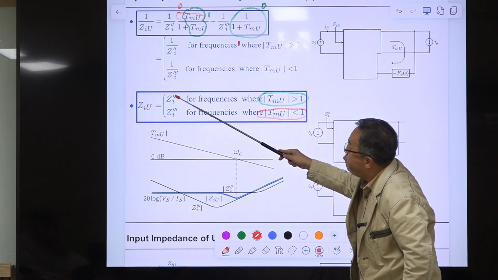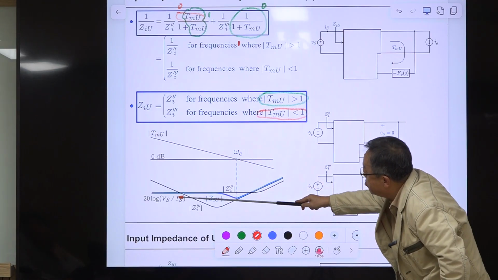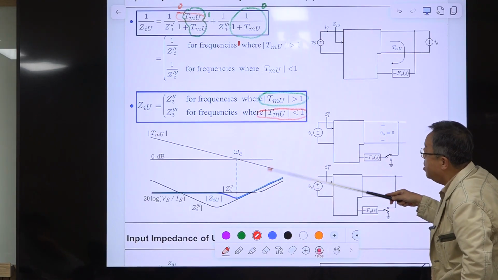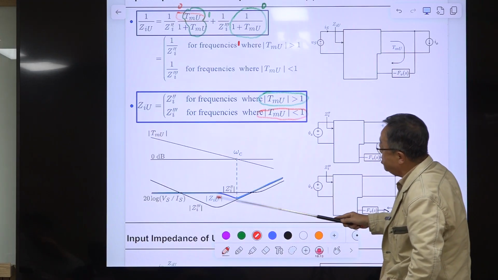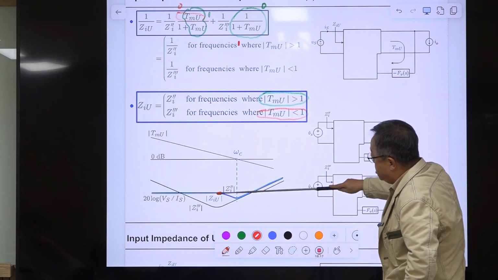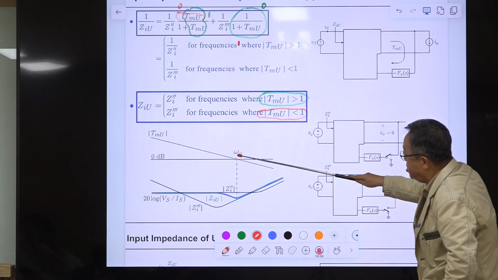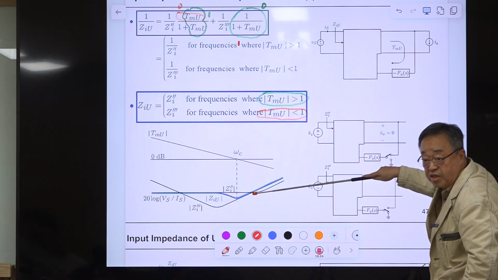You evaluate this, and this is the GI triple prime. Then this asymptotic analysis says that at low frequency, it follows this GI double prime. At high frequencies, it follows this one. In between, it will be like this.